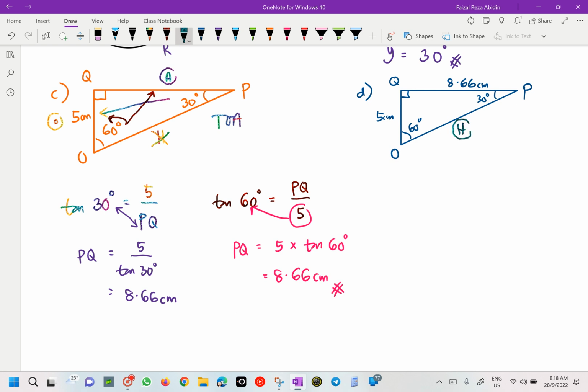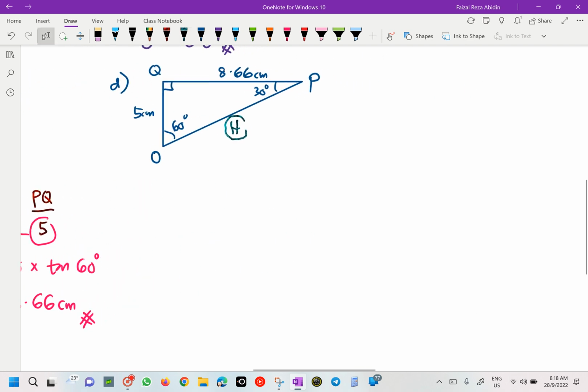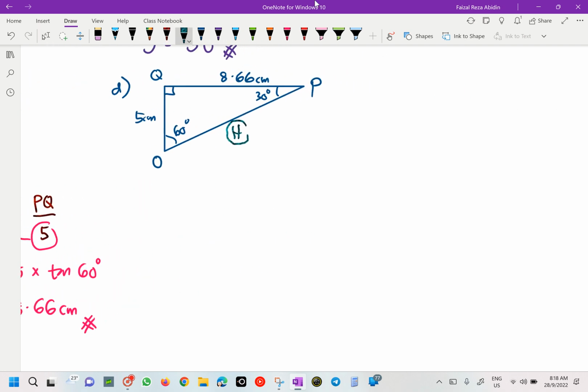hypotenuse. If you are going to use the what? Sine or cosine? Depends. Okay. Can I zoom in first? So if you are using sine, which one? Is it going to be 30 degree? Can.